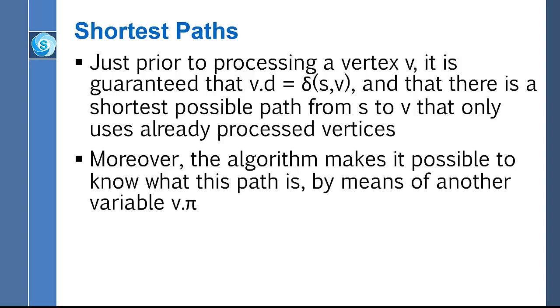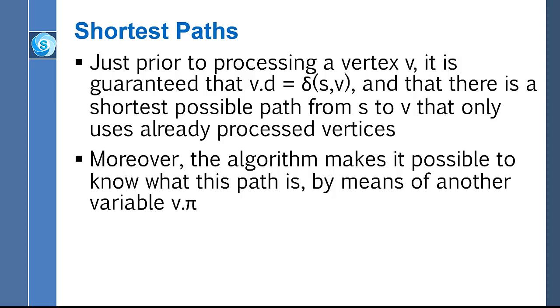Some other funny notation. We're going to let V.pi denote another vertex in the graph. At the time when we are ready to process the vertex V, not only will we have discovered a shortest path from S to V, but we will have recorded which vertex comes immediately before V along that path.